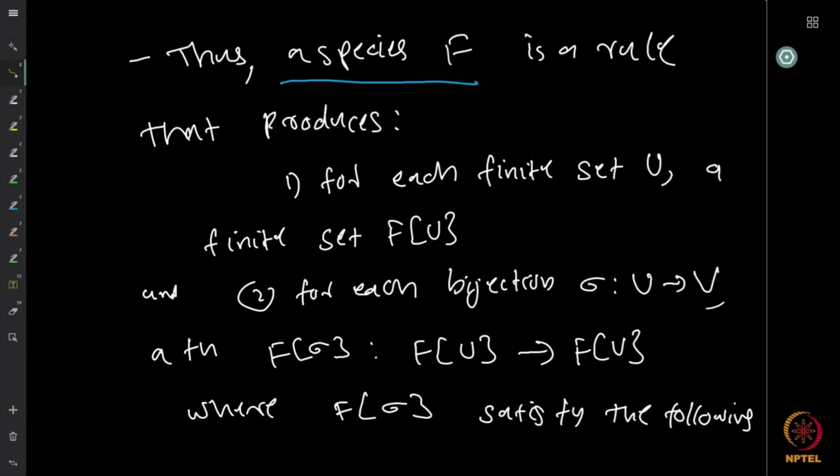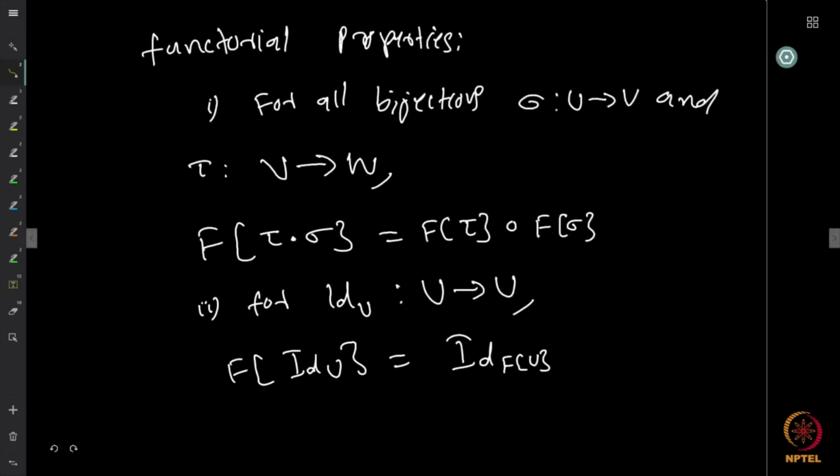So a species is a rule that produces for any finite set U a finite set F[U], and for each bijection σ from U to V, where U and V are two different sets, you can find a function F[σ] such that F[U] goes to F[V], where F[σ] satisfies the following conditions, which are called functorial properties.